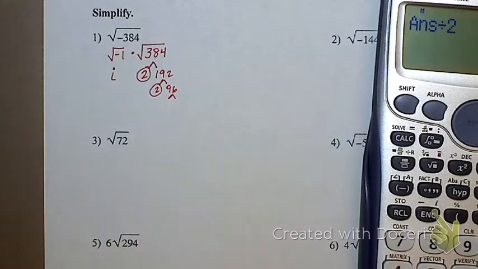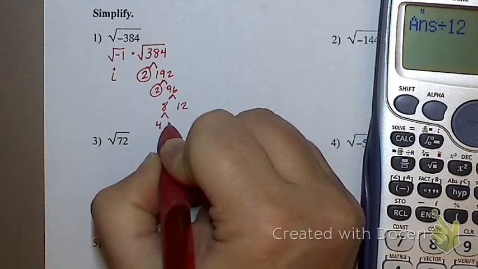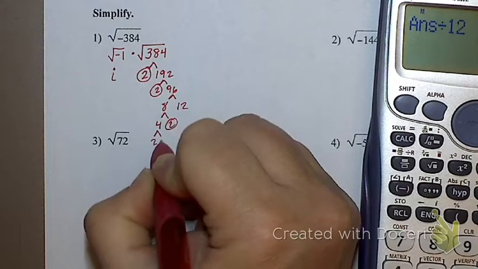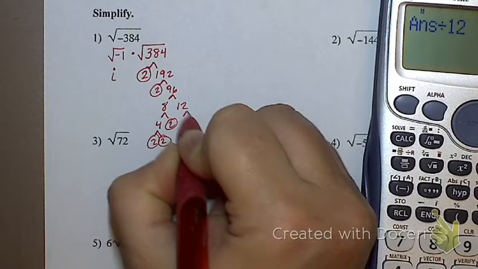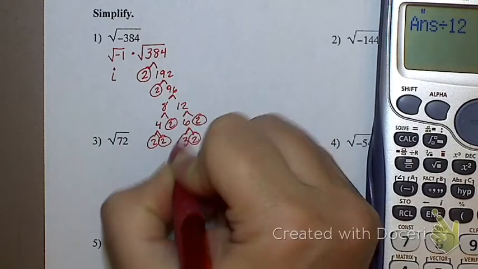Is 96 divisible by 12? Yes. 8 and 12. 4 and 2. 2 and 2. 12 would be 6 and 2. 3 and 2.